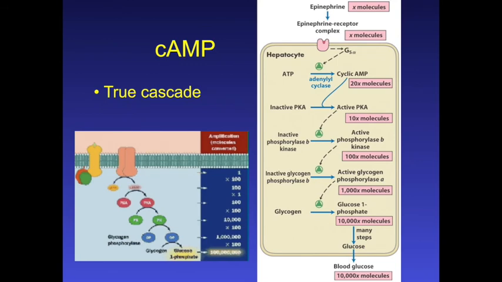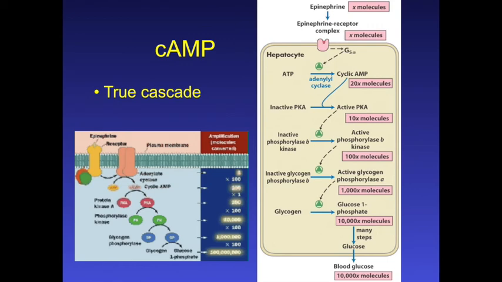That's 100 million glycogen molecules for each molecule of epinephrine. So what you see is we get a very large enhancement or amplification from one binding of epinephrine and the release of the final product.